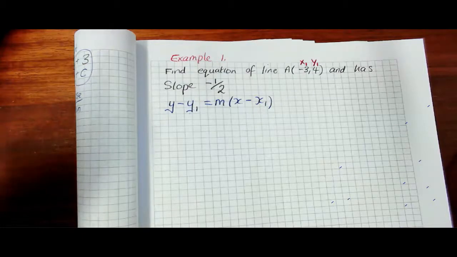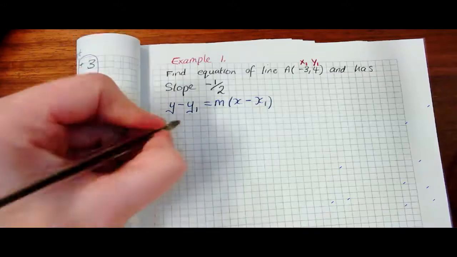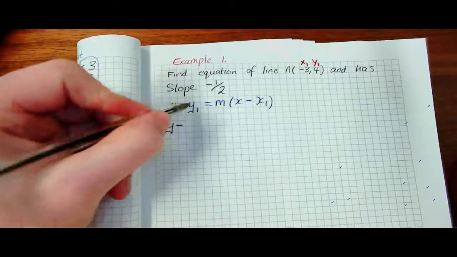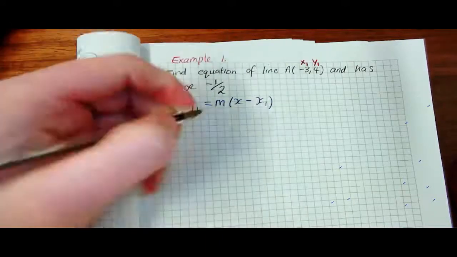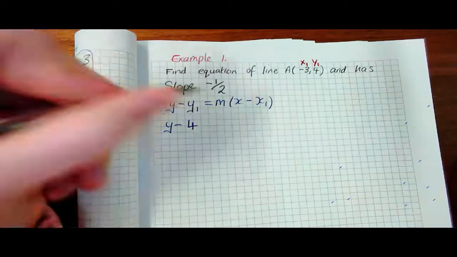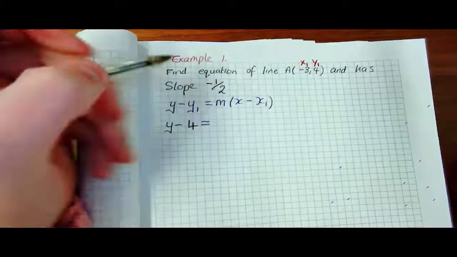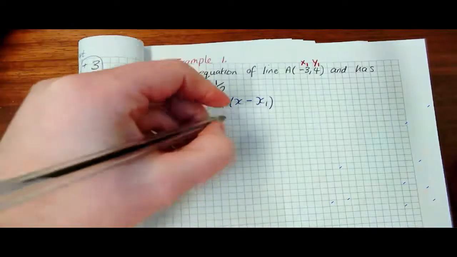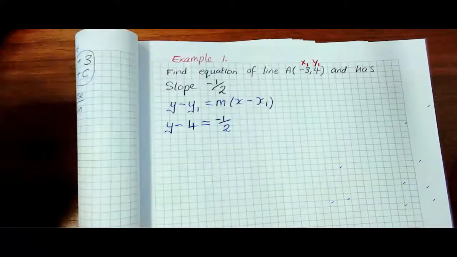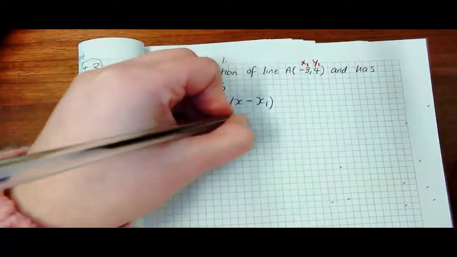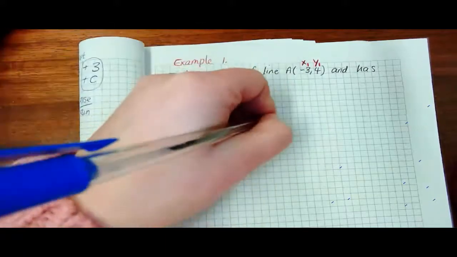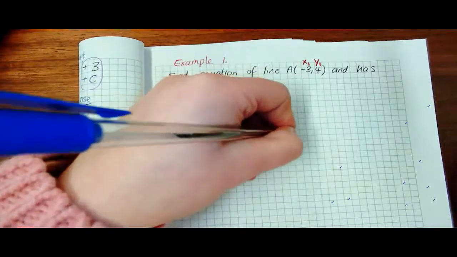So if we're subbing in then, we have y minus y1, so what's my y1? It's 4, so instead of y1, I'm putting in my 4, equals m, my slope, which is -0.5, so instead of my m, I'm putting in -0.5, open up my bracket, x minus x1, so my x1 is -3, and I close my bracket.